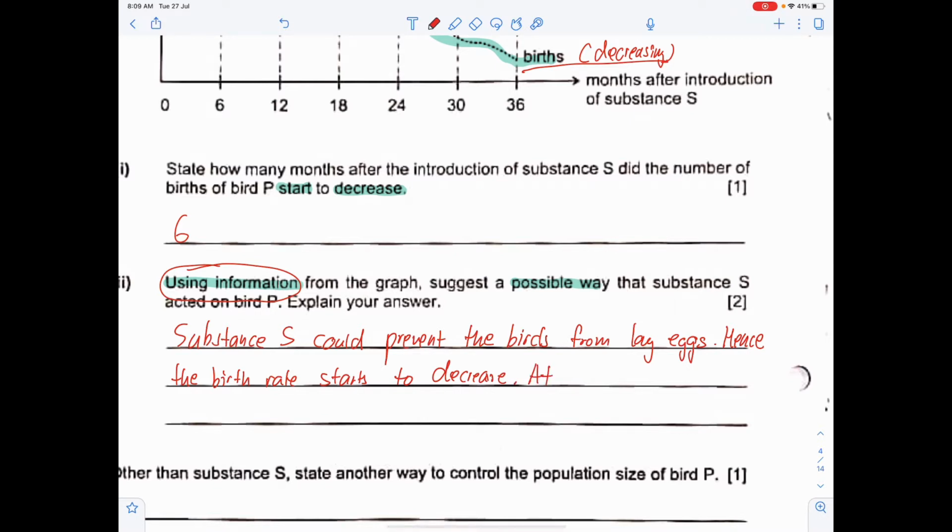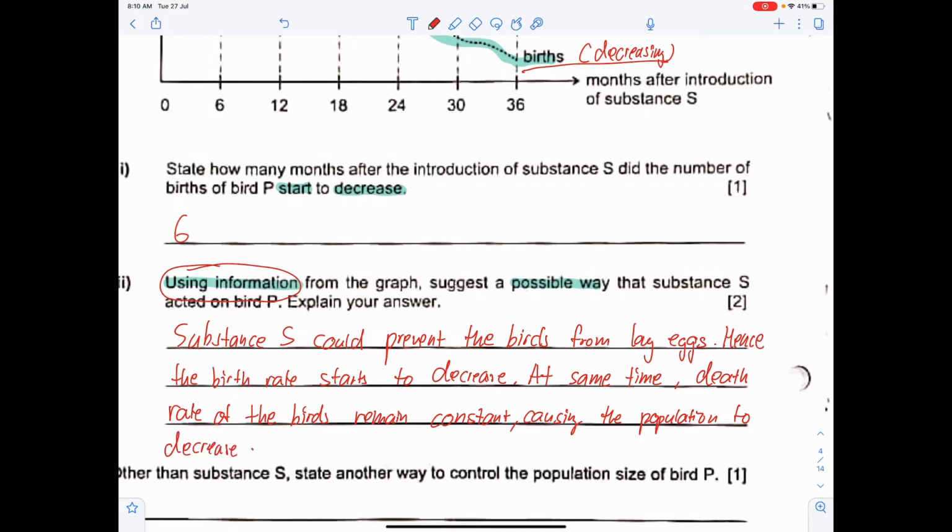At the same time, the death rate of the birds remains constant, causing the population to decrease.